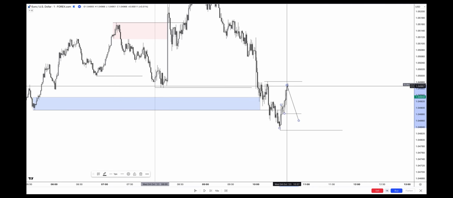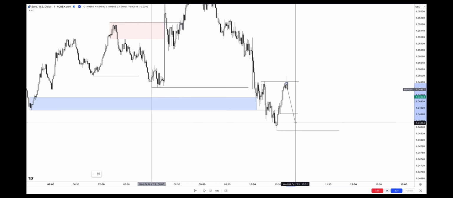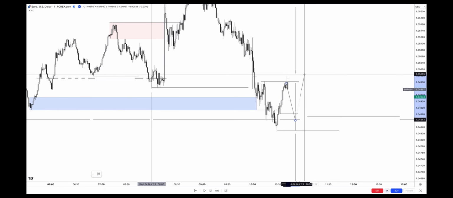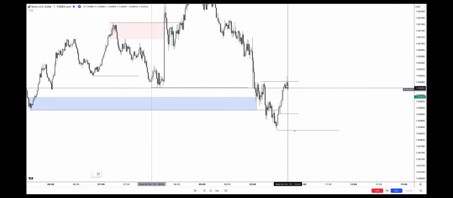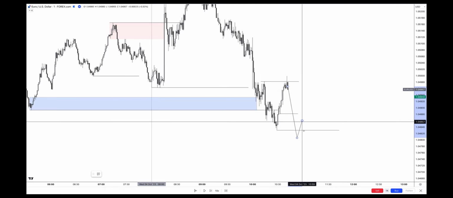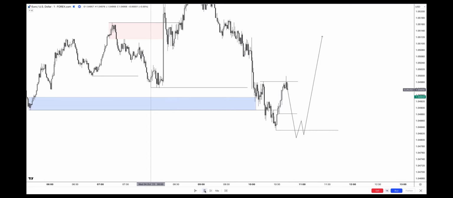But unfortunately, we actually broke to the upside. So I don't want to be buying with retail, right? Retail is going to be buying down here, and that's not something I'm interested in doing. So I wanted this low taken, something like this, and then we'll get involved, right? But unfortunately, it didn't happen.